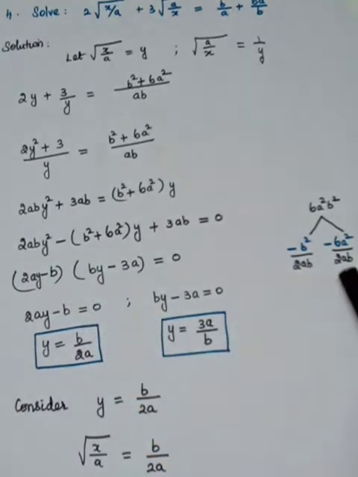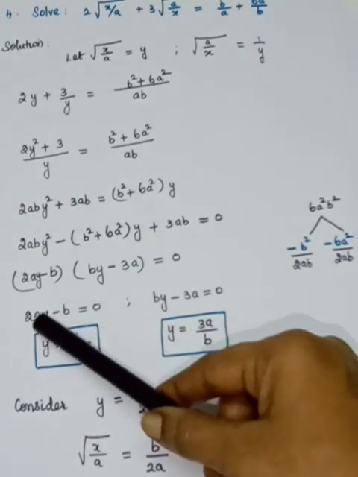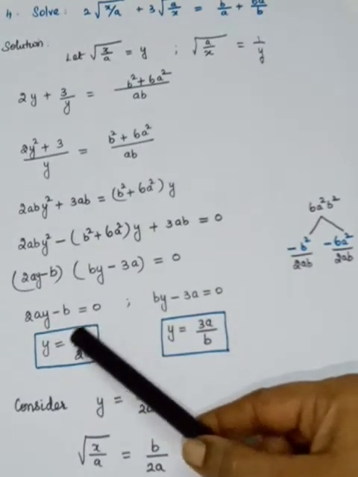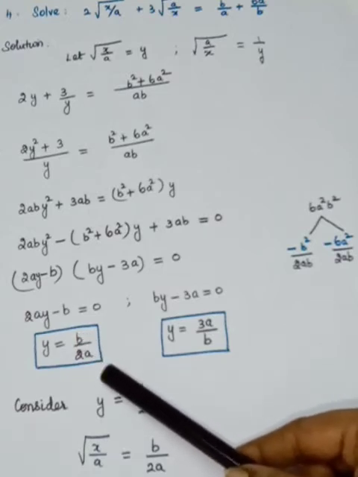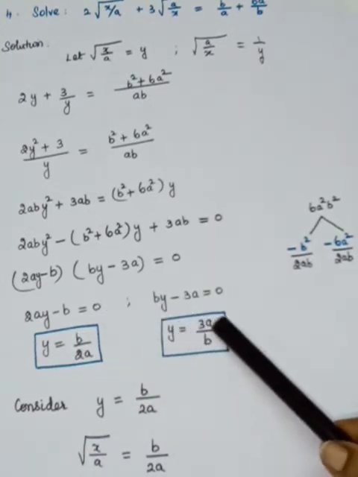Here this 2 and 6 are getting cancelled, so the numerator is 3. a is getting cancelled. So the numerator is minus 3a and the denominator is b. So the factor will be y minus 3a by b is equal to 0. Take the first one. 2ay minus b is equal to 0 means y is equal to b by 2a. y minus 3a by b is equal to 0 means y is equal to 3a by b.